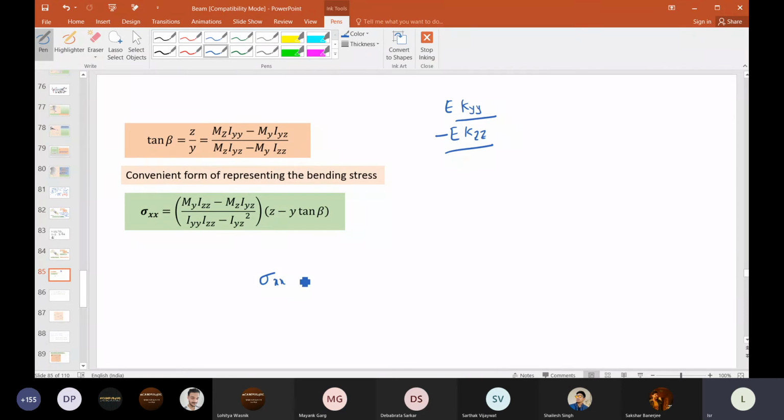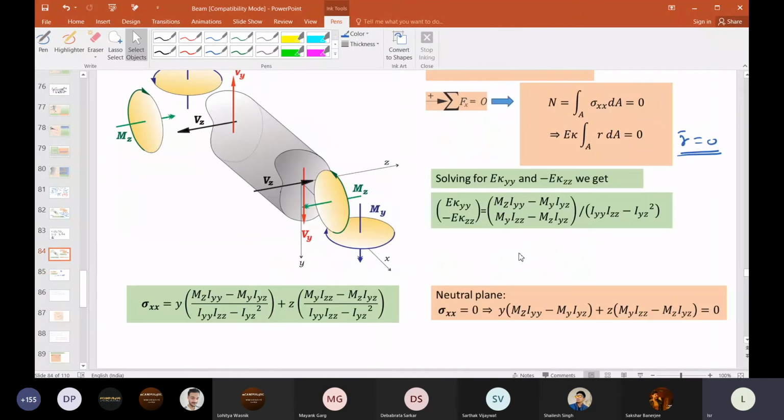Let me write this: y into E kappa yy plus z into minus E kappa zz. So once again, I'll come back to your question, whatever your question may be. Now I have written E kappa yy is Mz Iyy minus My Iyz divided by this denominator. Minus E kappa zz is the second row, My Izz minus Mz Iyz divided by this one.